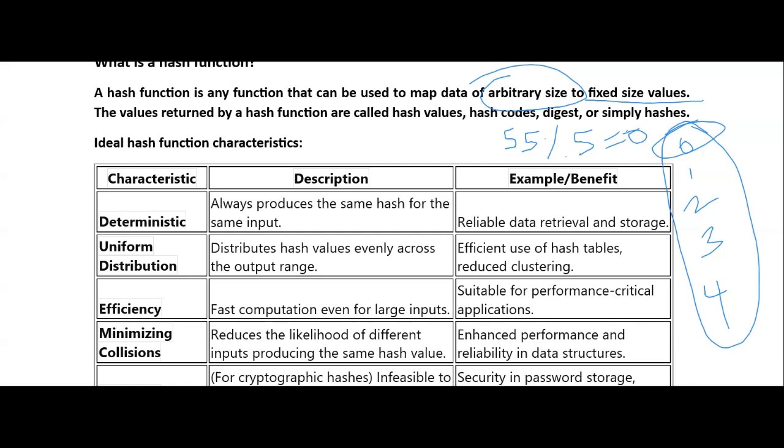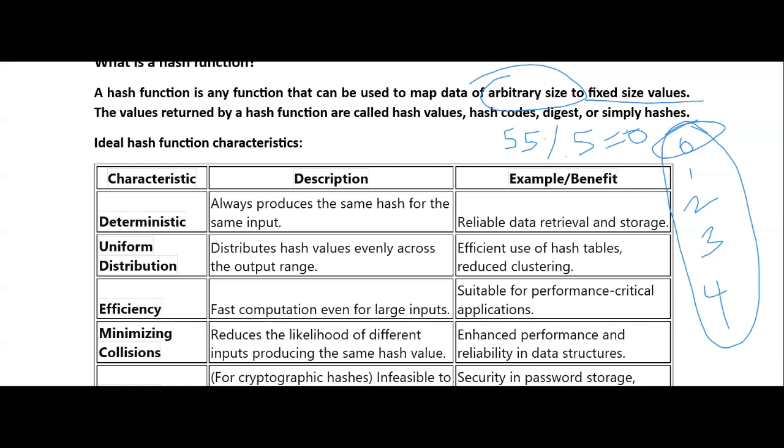The hash function should not accumulate the values at a particular location, like all the values getting accumulated between 0 and 9. This is called clustering, and it should not do that. The hash values should be distributed from 0 to 49, among all these values. Such a hash function we need to pick.